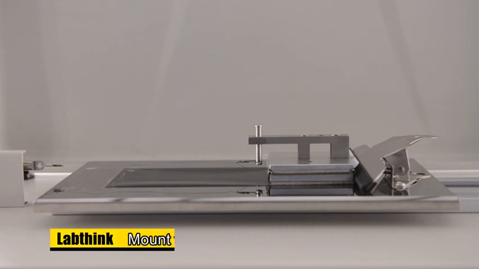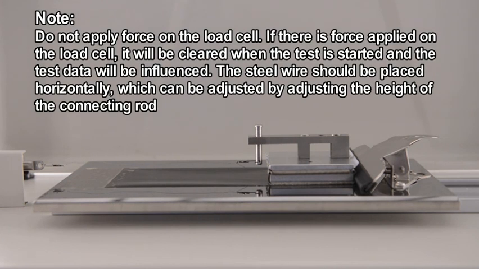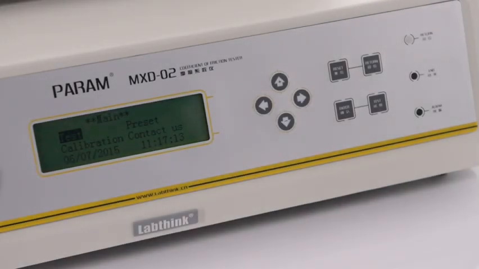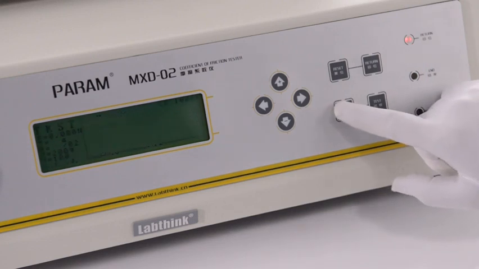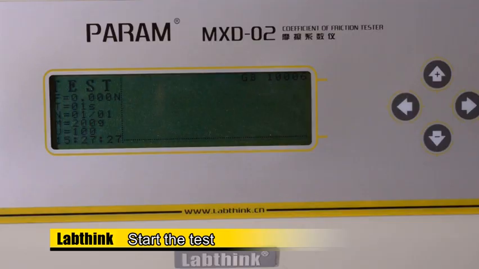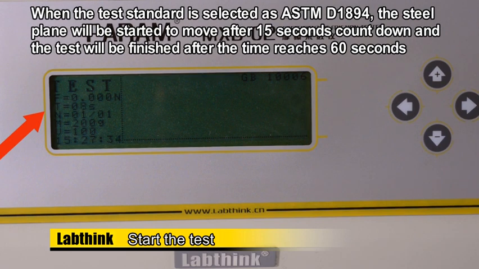Connect the load cell and sled with steel wire, which should be stretched almost straight, slightly loose. Start the test. Press Enter to enter the test interface. Press Task K and the system starts counting down. 15 seconds later, the steel plane will be moved and the force value will be cleared.